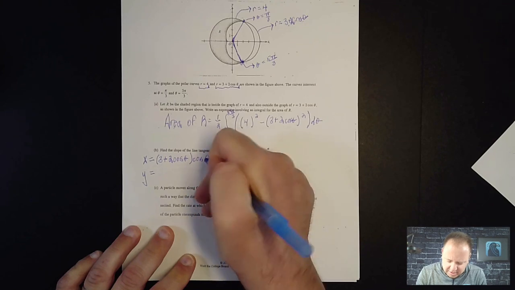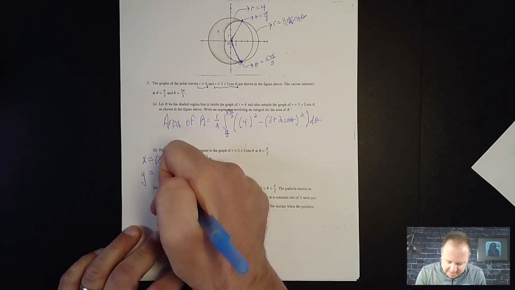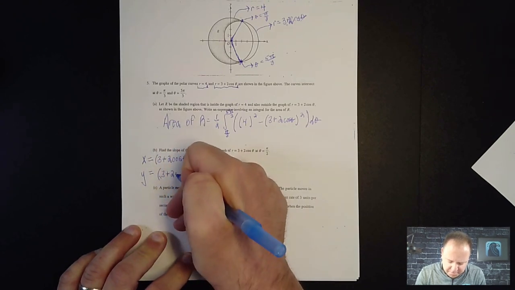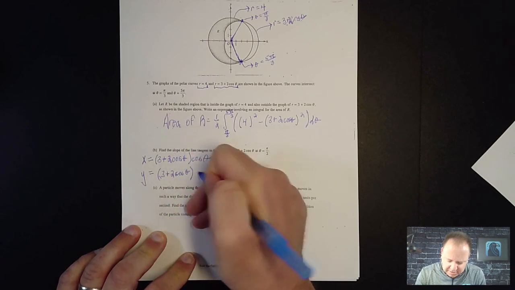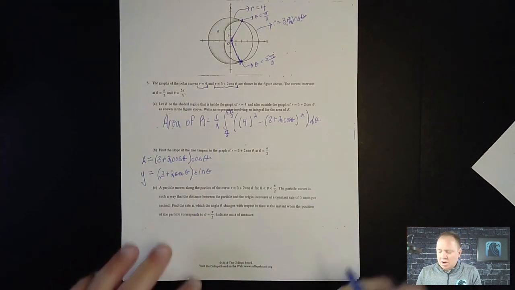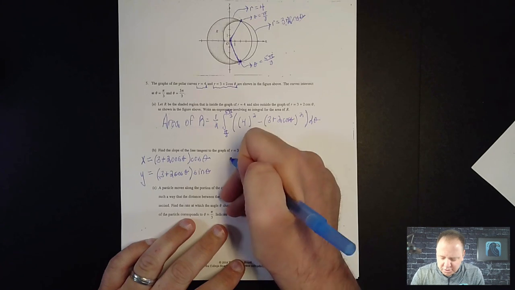So r cosine theta. My y is going to be r sine theta. That'll be 3 plus 2 cosine theta, all times sine theta. All right, so I'm ready to roll, right? We got to do a little balancing act here.